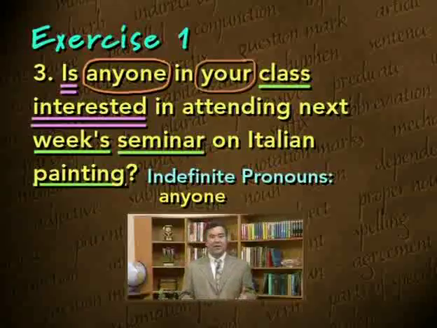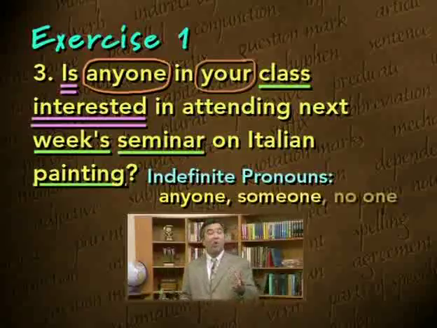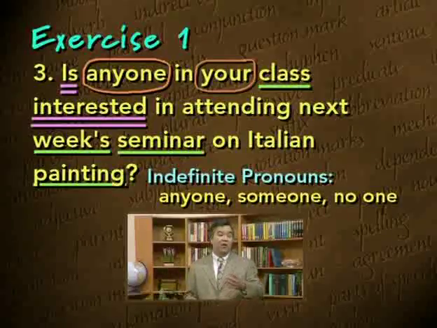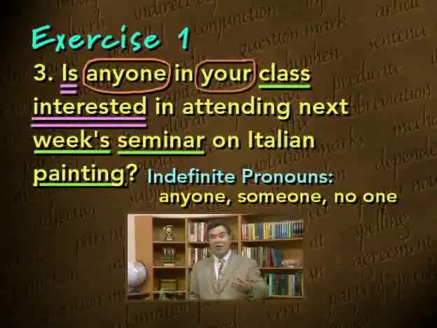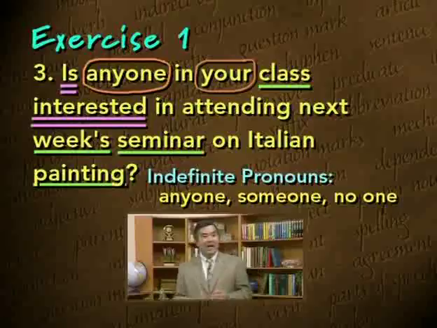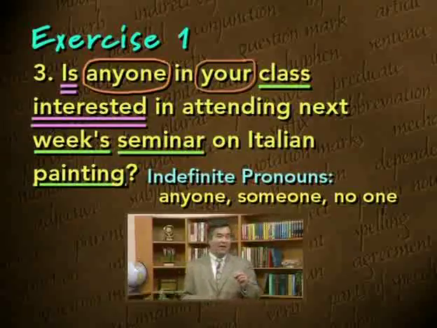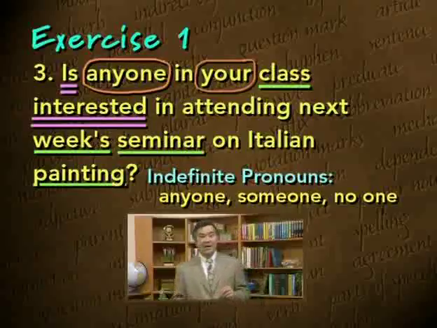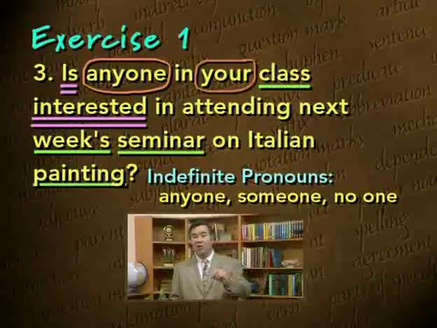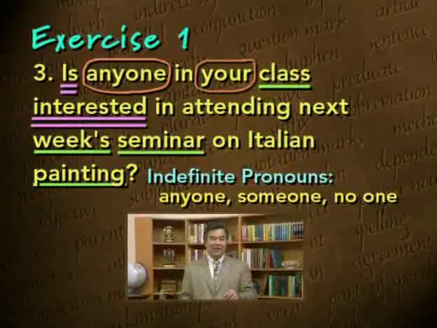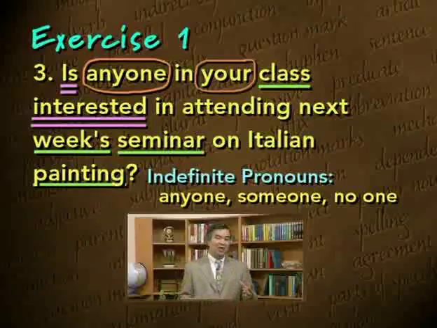Other examples of indefinite pronouns are someone and no one. All of these refer to people who are not specifically named, and that's why they're called indefinite pronouns. And finally, your is also a pronoun. And here, the antecedent doesn't appear in the same sentence. The antecedent, that is, the person to whom your is referring, is you. It's not exactly stated in the sentence, but it's something that's understood.